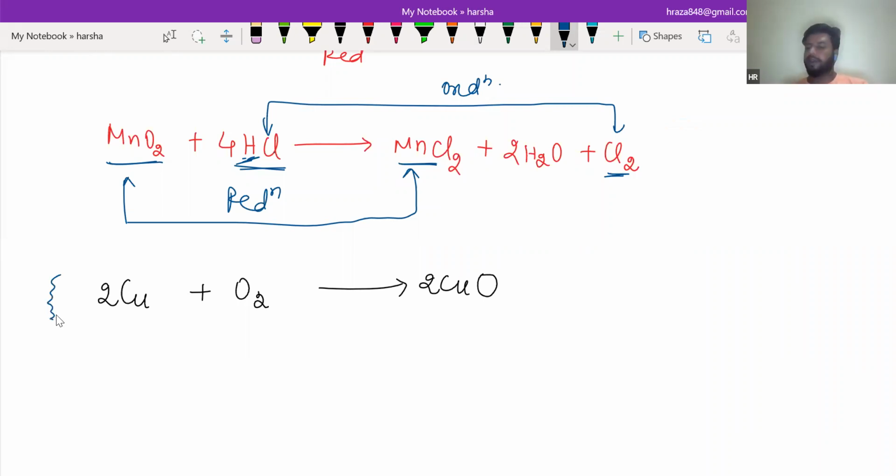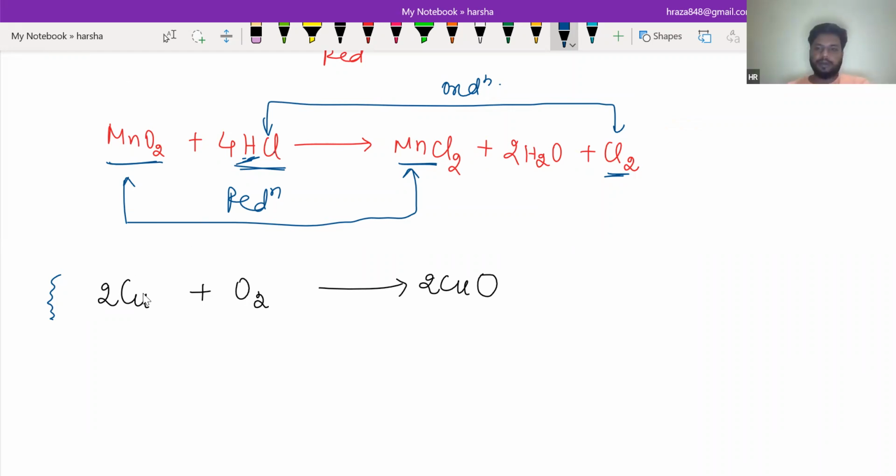This type of reaction, we are going to solve whether it has oxidation or reduction. Both will take place. Whenever there is oxidation, there will be reduction, because whenever there is loss of oxygen, someone will gain oxygen. If a reaction is going on and someone is losing oxygen, then that oxygen will be gained by someone else. Are you getting my point, Abdullah? Yes, sir.